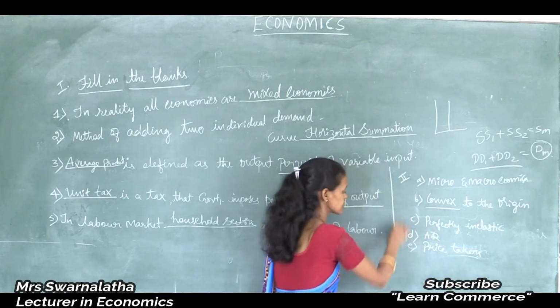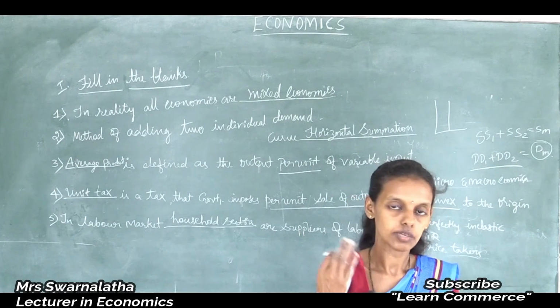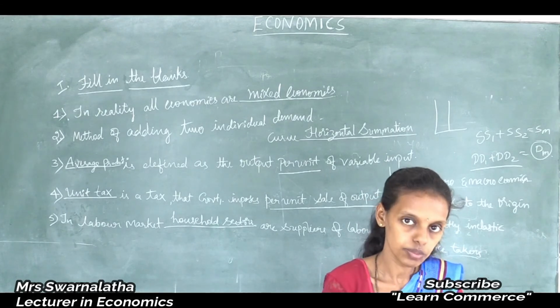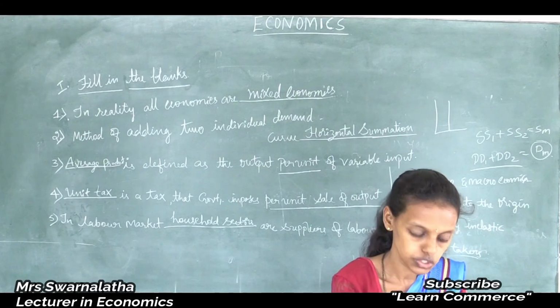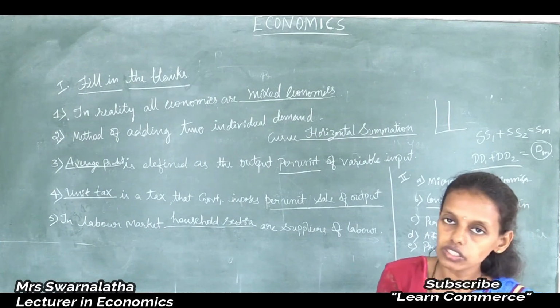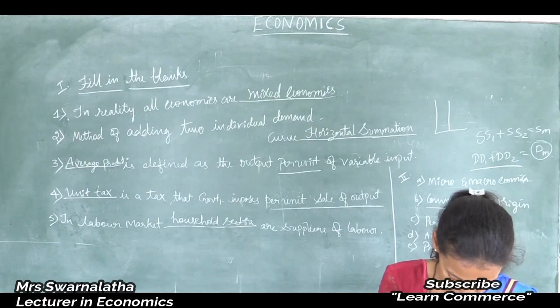Both buyers and sellers are not at all price makers. Under monopoly they are price makers. In perfect competition they are price takers, because the industry fixes the price and all the firms follow the price.